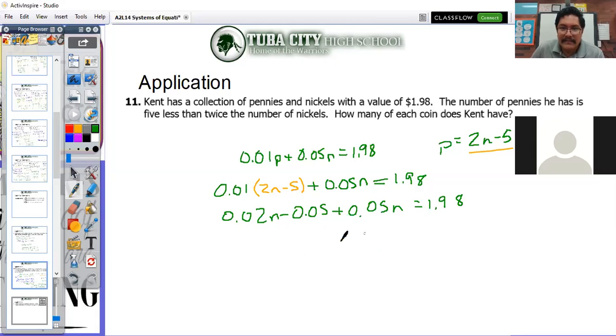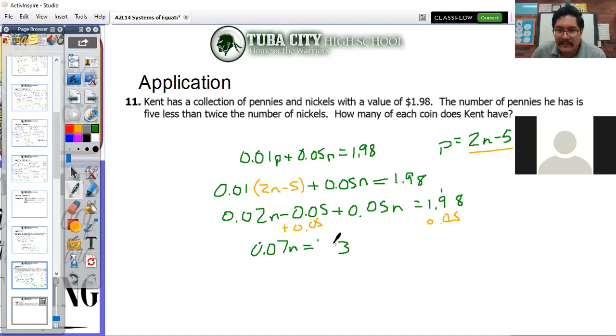So let's see, 0.07 N equals, and I'm going to add 0.05, and this would be, okay, 8 plus 5 is 13.